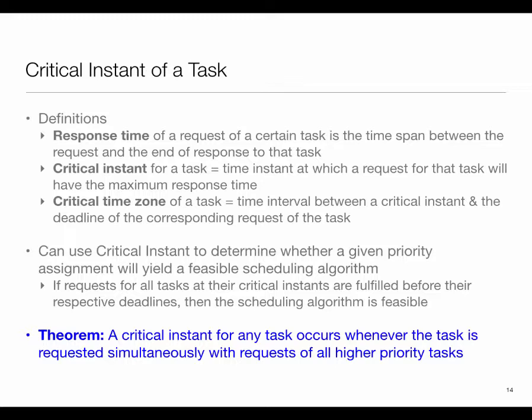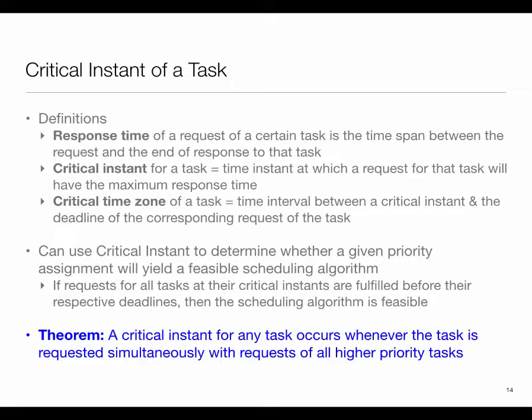Remember earlier on I was drawing those timing diagrams, and I basically said, let's assume that those 2 tasks came at the same time. But why the same time? Why not staggered? Which is the worst case? Is the worst case for a task when it comes together with other tasks? Is the worst case when it arrives staggered?